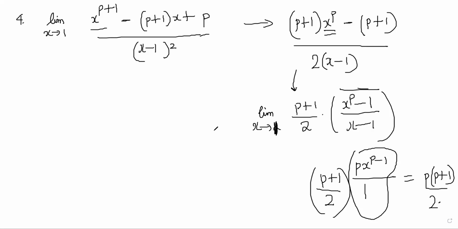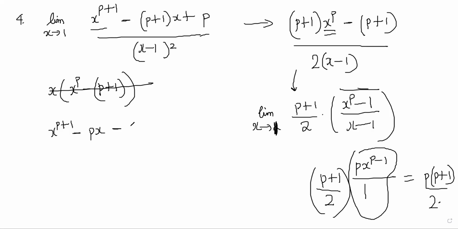You could have done this question without L'Hopital also, by the way. That would have involved taking this x common and trying to figure out a way. So x common here, it becomes x^(p) minus (p+1), right? Maybe first split it a little bit. So I will do x^(p+1) minus px minus x plus p, right?